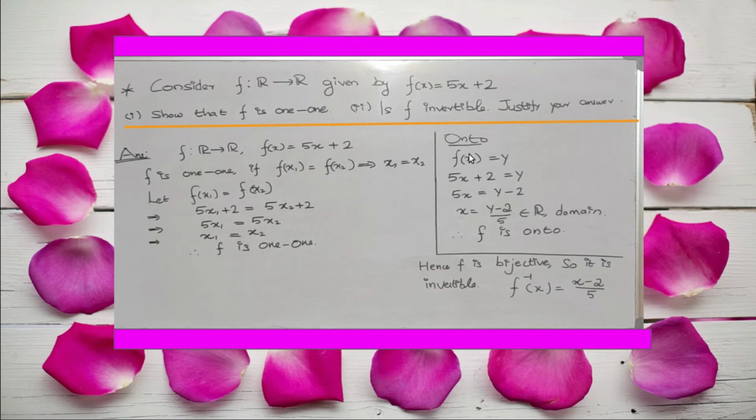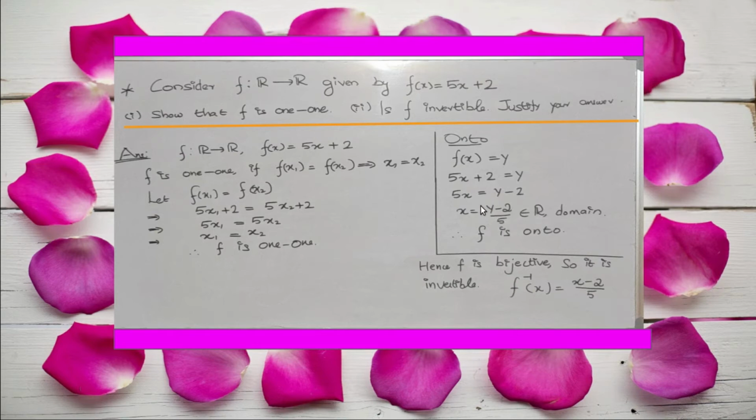Now to prove onto, take f of x equal to y. 5x plus 2 equal to y, so 5x equal to y minus 2. Take this plus 2 to the RHS, so we get y minus 2. So x equals y minus 2 divided by 5. For any y belonging to the codomain R, there exists x belonging to the domain R, and that x is y minus 2 by 5.